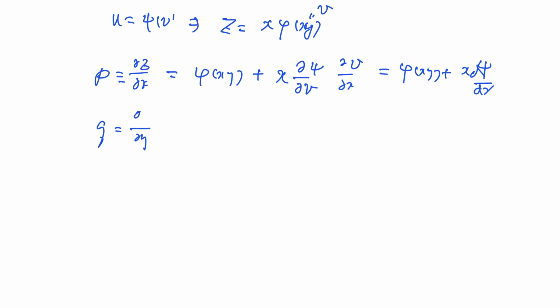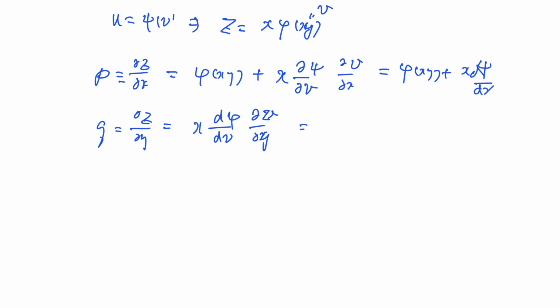Partial z partial y is x times dpsi dv times partial v partial y, right?